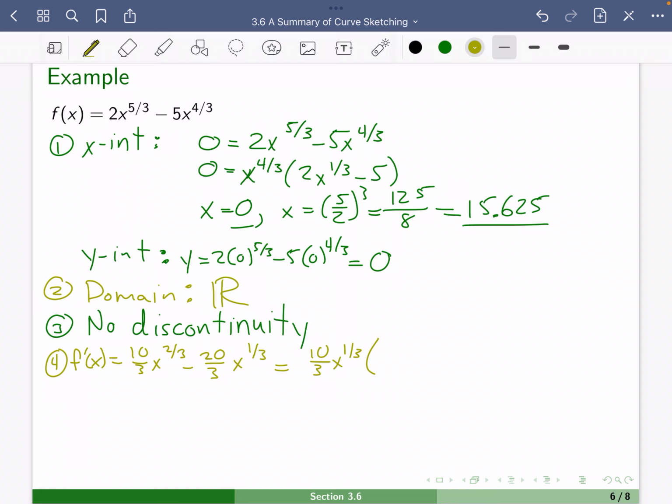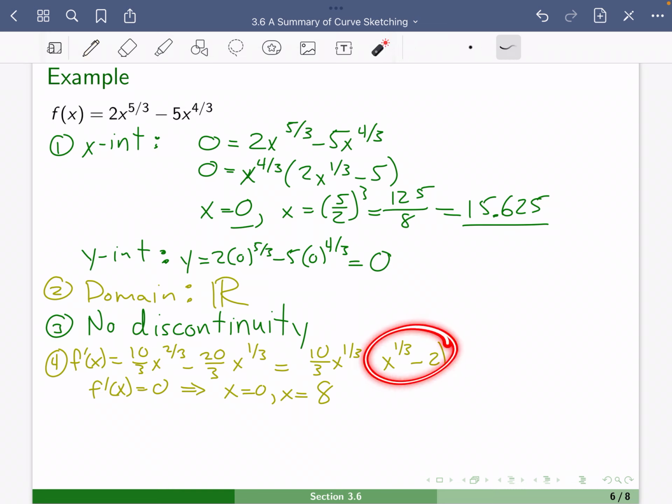If we factor that out, we will be left with x to the 1/3 minus 2. Setting this equal to 0 would tell us that x is 0, or if we set this piece equal to 0, x to the 1/3 equals 2, so x is 2 cubed, which is 8.